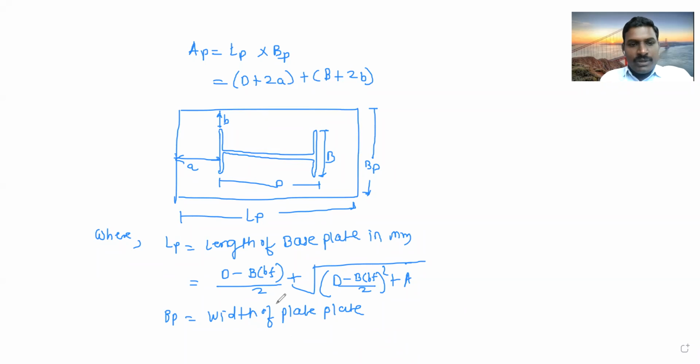If length of plate is known, then how can we calculate width of plate? AP divided by LP. Simple. In this way we can calculate the width of plate.